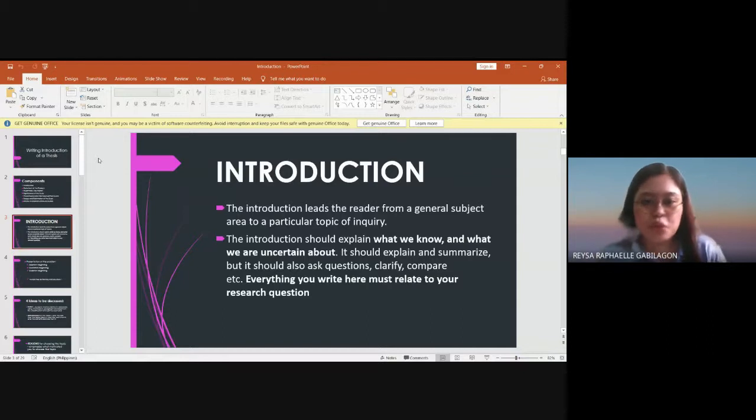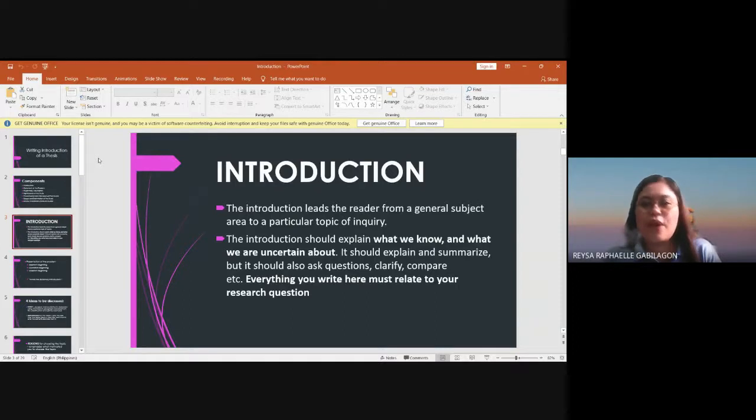You need to inform your reader about the general subject area na ginagawan mo ng research. So you should be explaining ano yung alam mo sa topic na yan and what are we uncertain about. So ano yung existing na mga information about the research problem and ano yung missing and ano yung gusto mong makuha sa research mo.